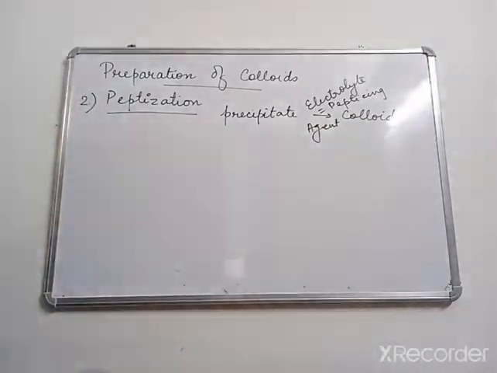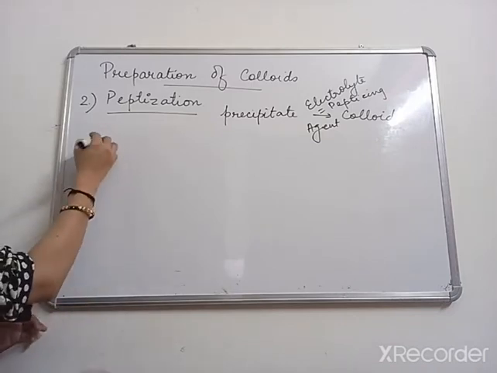So here a freshly prepared precipitate is converted into colloid by shaking with the dispersion medium in the presence of a small amount of electrolyte.